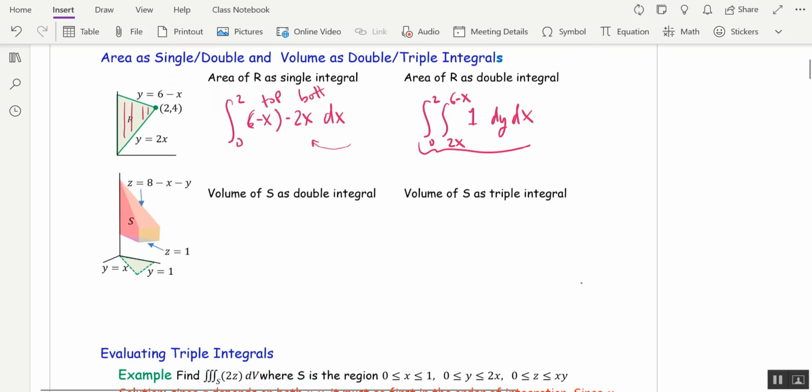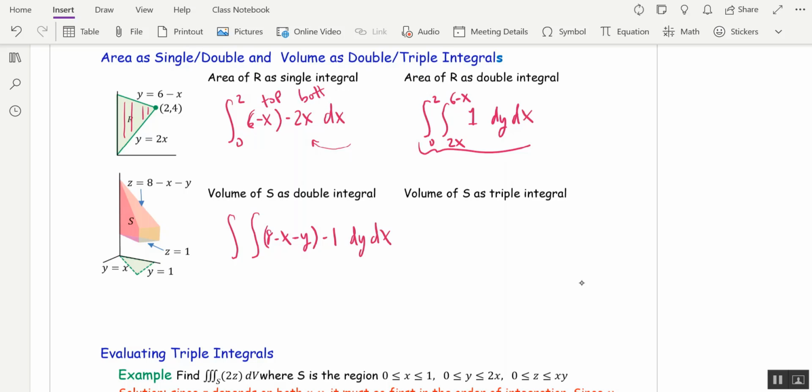Now let's do volume. Let's set up the volume of this region here as a double integral. So we're going to integrate top minus bottom. Again, the top surface now is 8 minus x minus y, and the bottom surface is 1, and we'll go dy dx again.